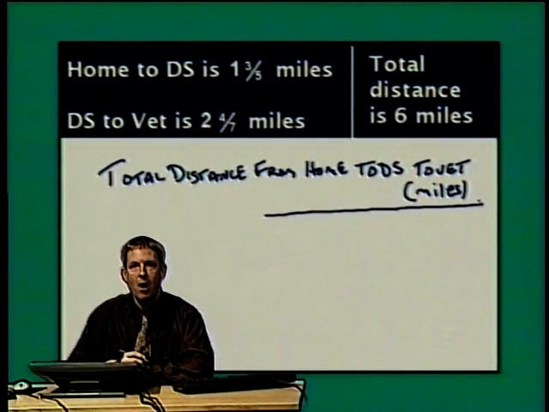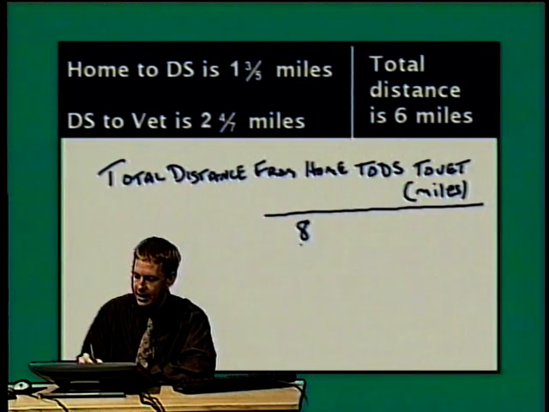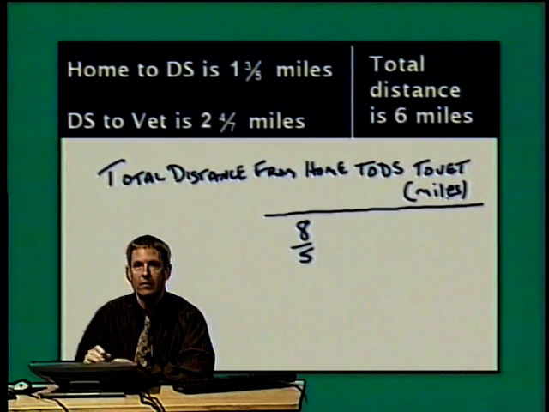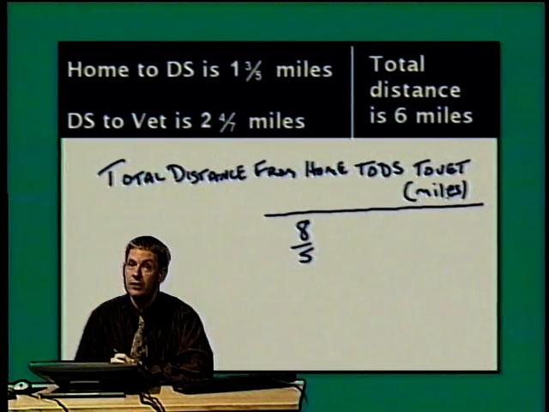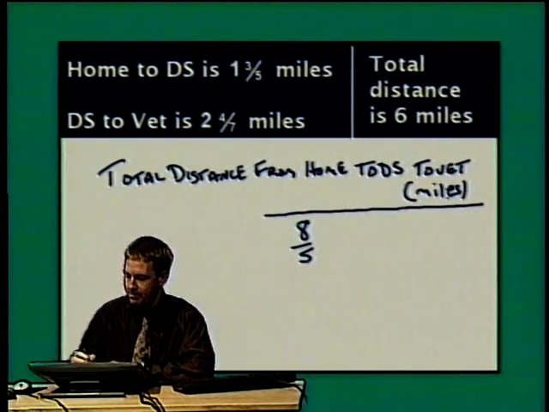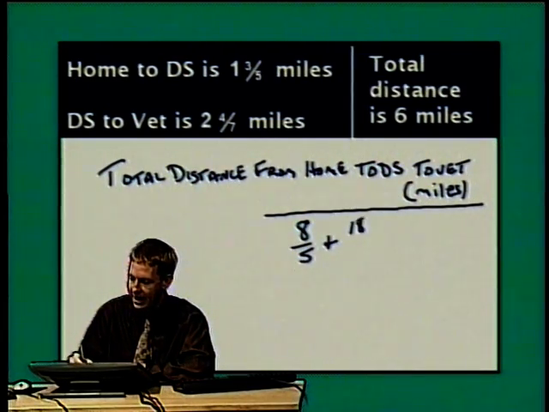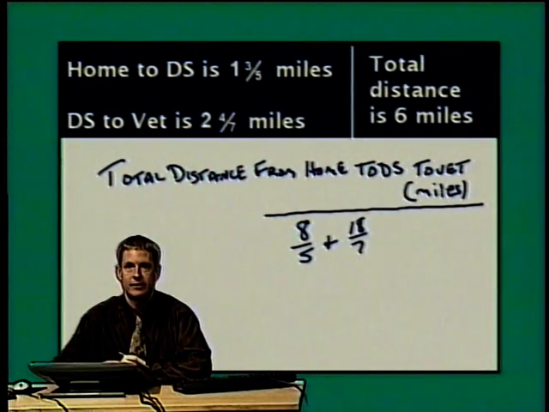So our distance from home to the drugstore, written as an improper fraction, is 8/5 miles. The distance from the drugstore to the vet, written as an improper fraction, is 18/7 miles.